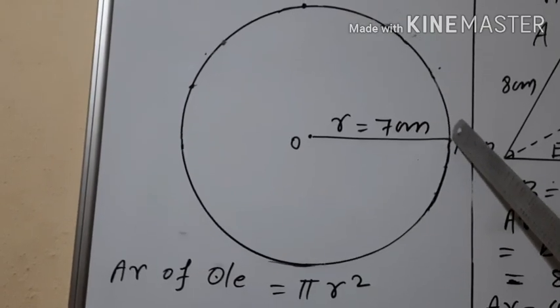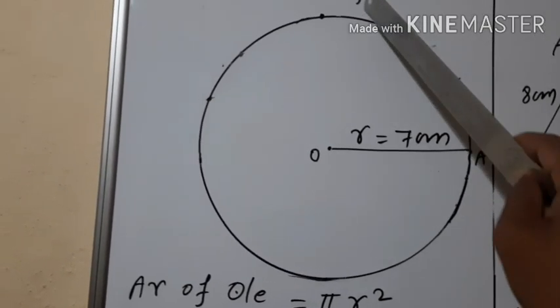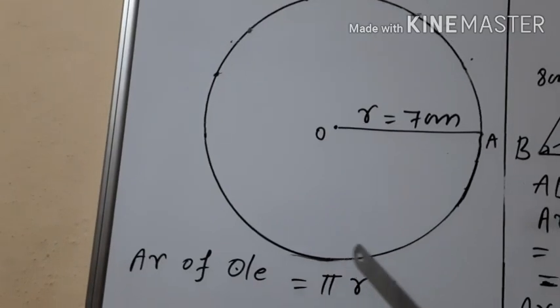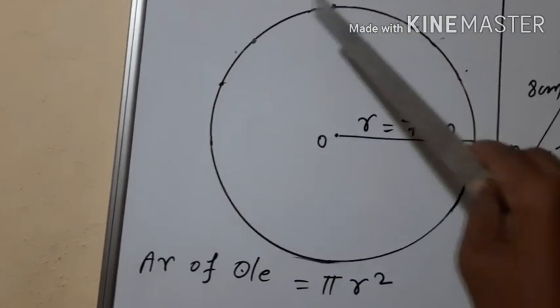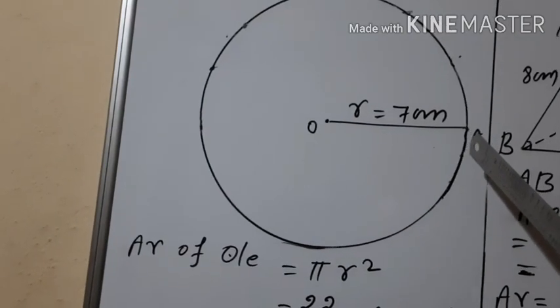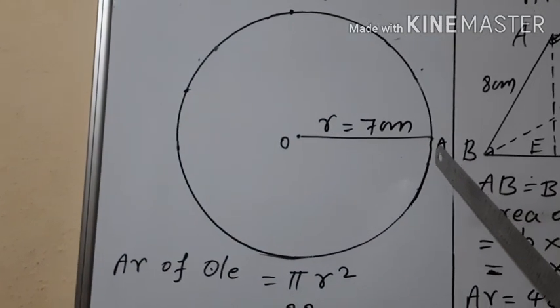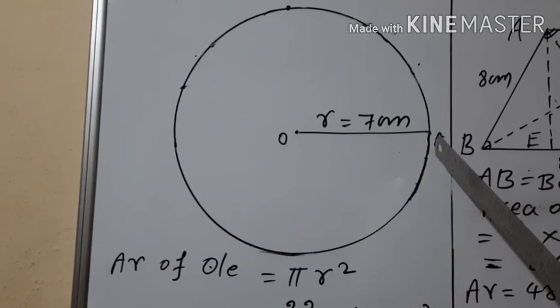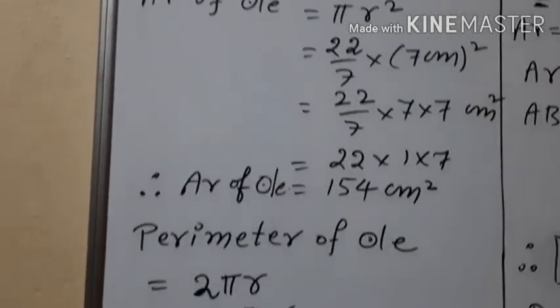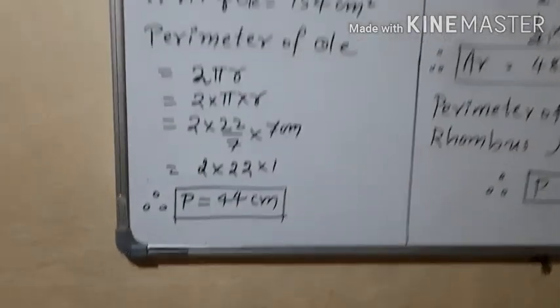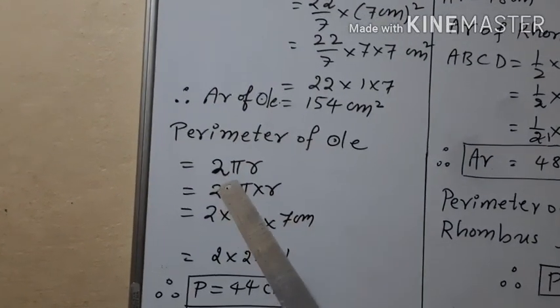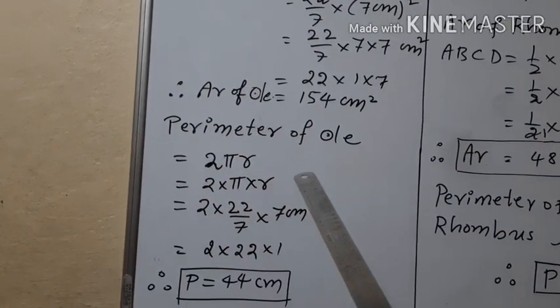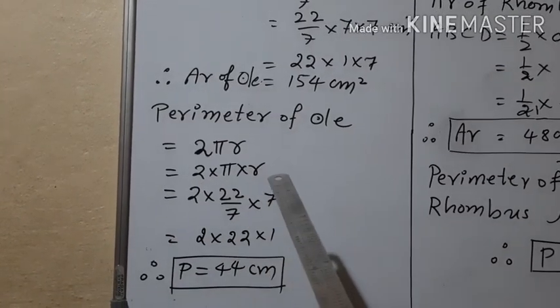From point A, if you start and continue, when you reach point A again, it completes one round. This length is called its perimeter or circumference of the circle or boundary of the circle. But we have a formula to find the circumference or perimeter of the circle. Here the perimeter formula is 2 pi r, that is 2 into pi into r.